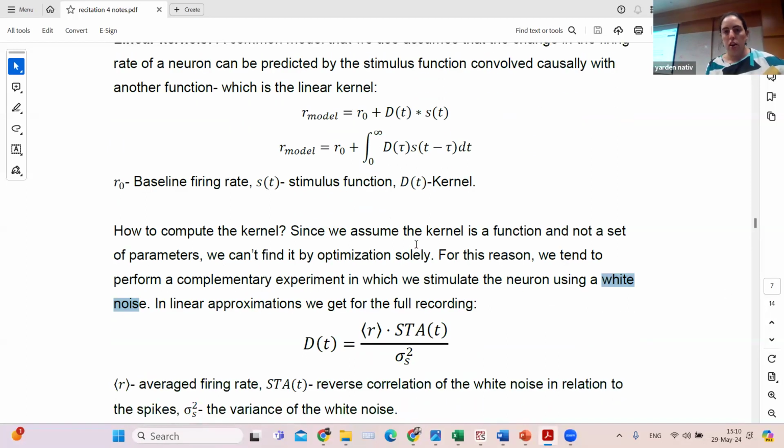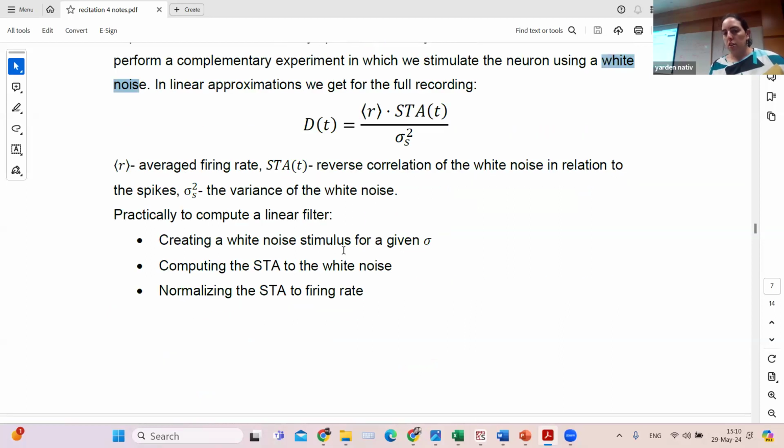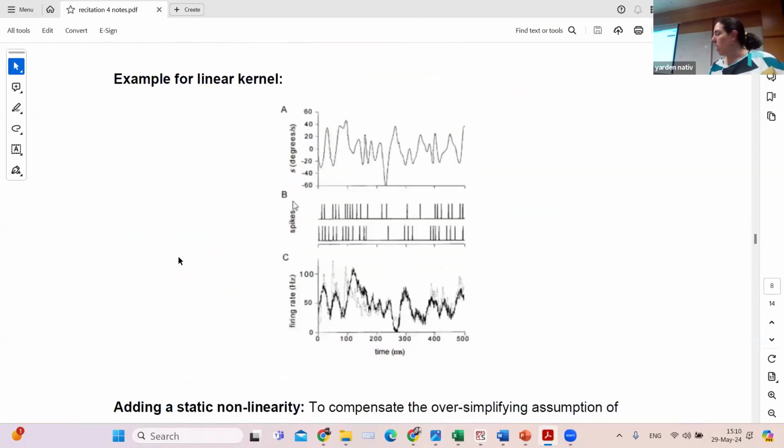Okay, so anyway, this equation, I think now it's more clear what you need to do, and then you can see what this linear kernel creates. If you have this stimulus over here, and this spike train over here, from the spike train you calculate the PSTH, which is here in the gray.